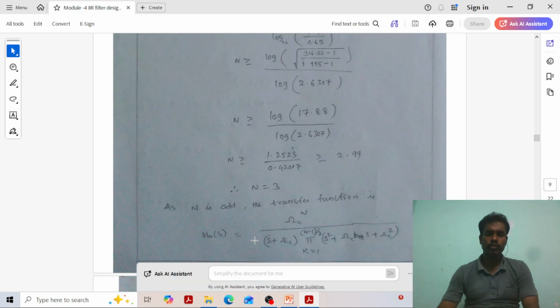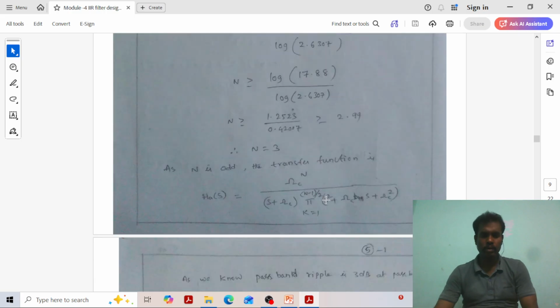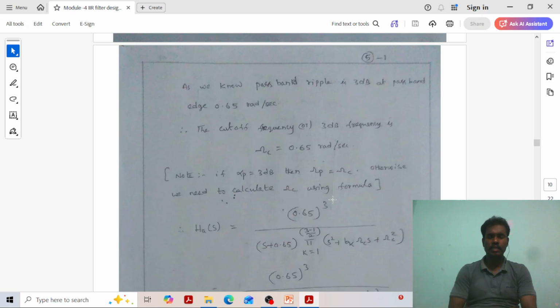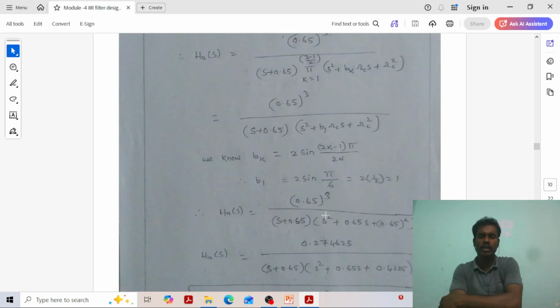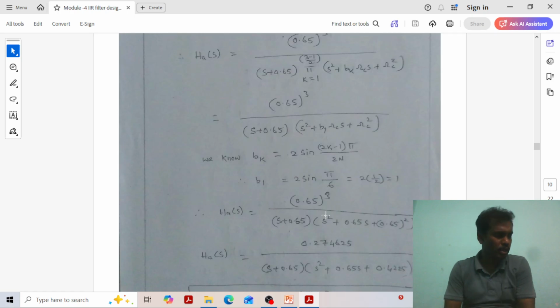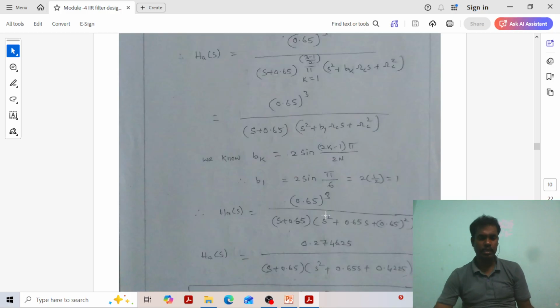So odd means we have to use this formula omega c power n by s plus omega c into the product of second order transfer functions. So we'll just substitute and calculate it. If omega c is not given, we'll calculate omega c. If omega c is not given and a 3 dB frequency is given, then that frequency can be considered as omega c. As they have not mentioned it, we can calculate omega c by using the formula.